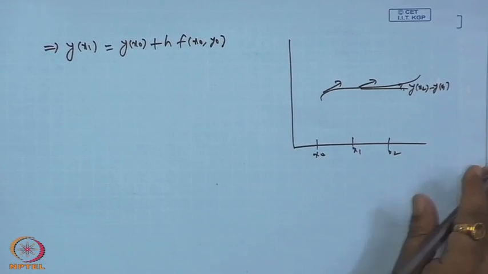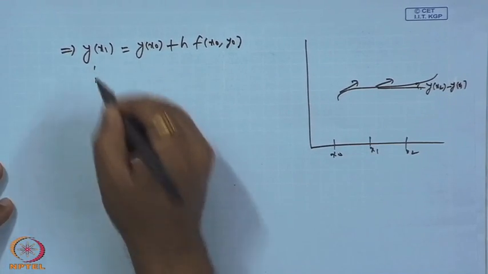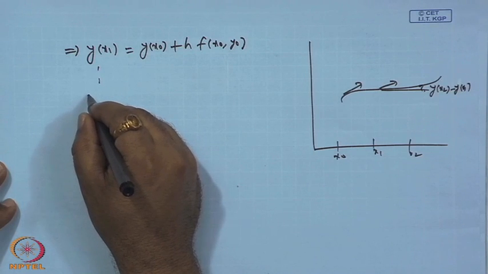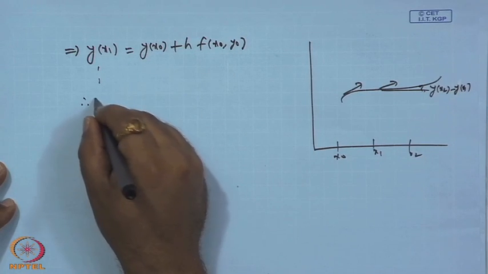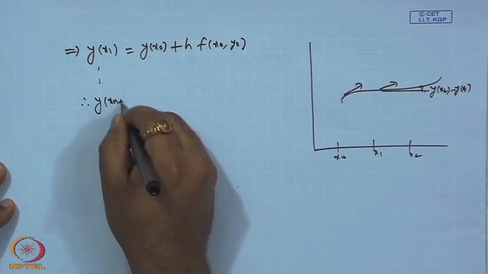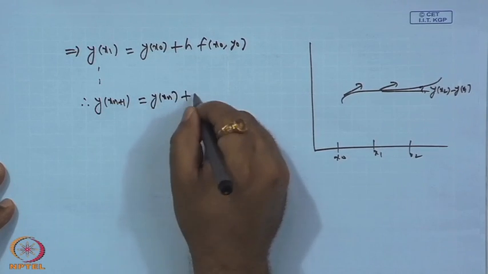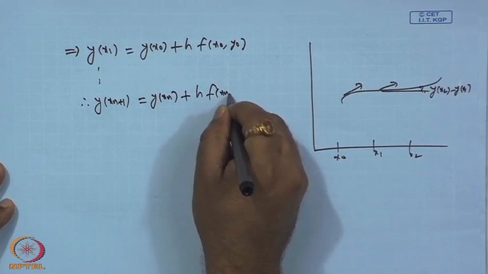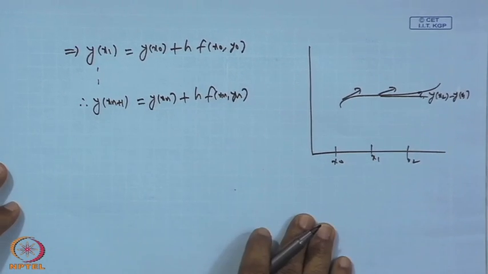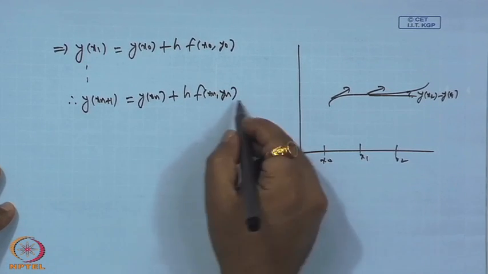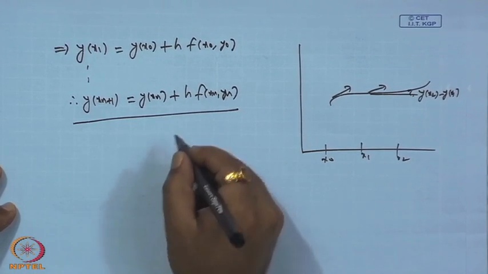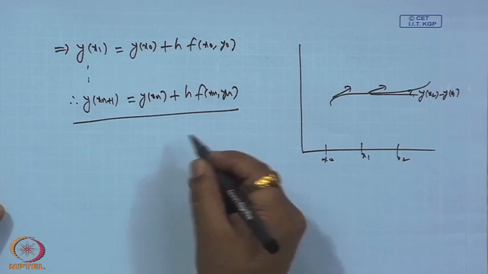So, we can march accordingly. So, then in a general sense we get this. So, this is the general idea.